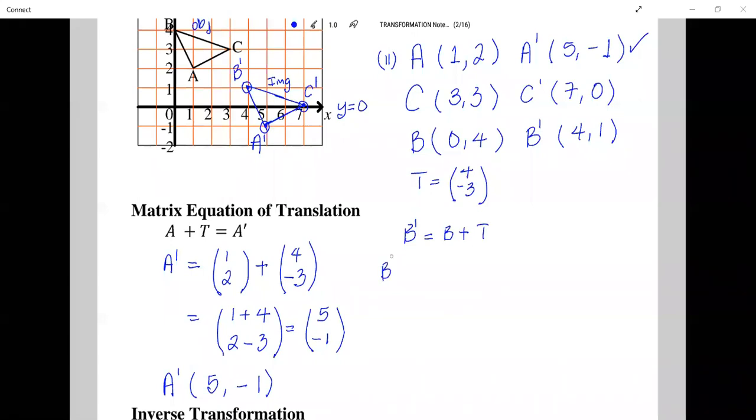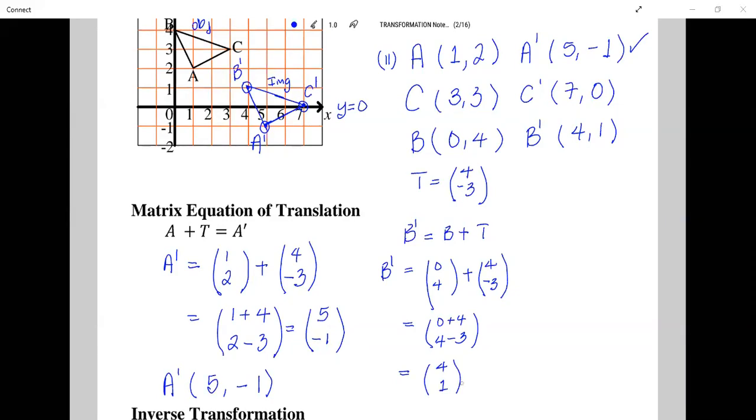So B prime would be, B is the point 0, 4, plus T, which is 4, minus 3, and this should give me B prime when I add them. It's going to be 0 plus 4 and 4 minus 3. And this is going to give me 4, 1.